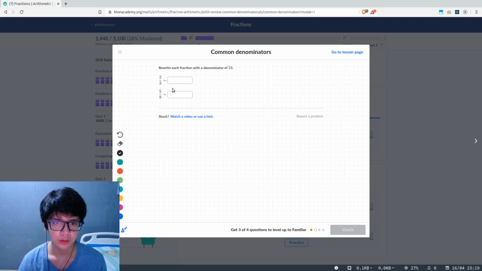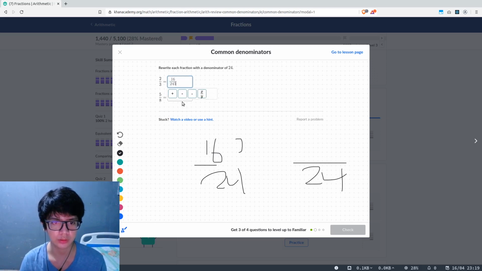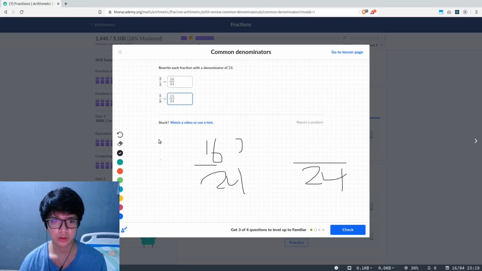Alright, okay. So for this to go to 24, you have to multiply it by 8. So we have 16/24, and this one multiplied by 3 is 15/24. 16/24 and 15/24, right?